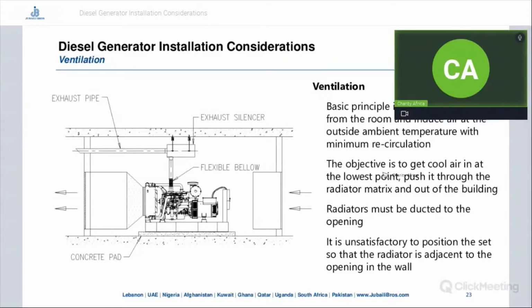The objective is to get cool air in at the lowest point, push it through the radiator matrix, and out of the building. Radiators must be ducted to the opening. So here's our ducting. And it is unsatisfactory to position the genset so that the radiator is adjacent to the opening in the wall.